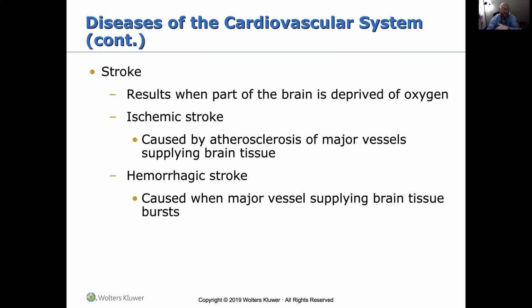And then there's a hemorrhagic stroke, which is caused when a major vessel that supplies the brain tissue actually bursts, which can be caused by having atherosclerosis, because when that buildup ends up weakening the arterial walls, you could have bursting of the vessel. But when that happens, it's hemorrhagic. Ischemic is caused by atherosclerosis. Stroke, the brain is deprived of oxygen.